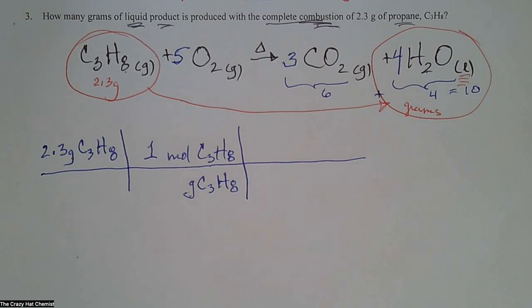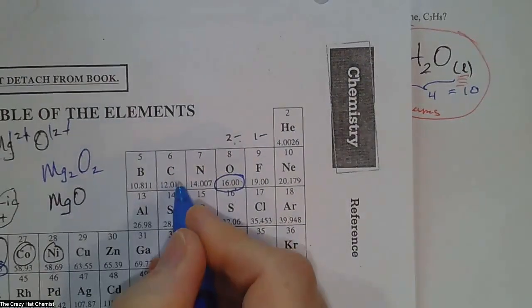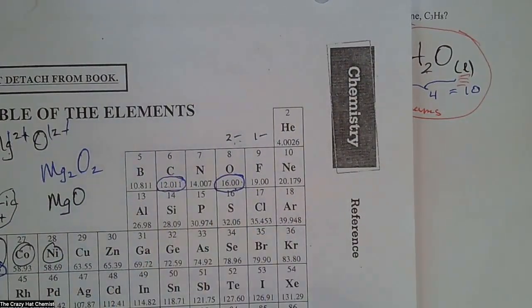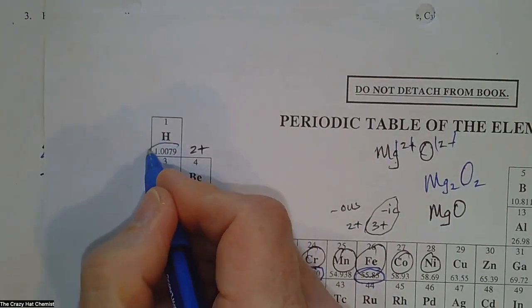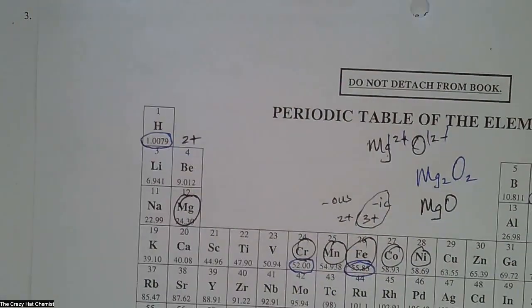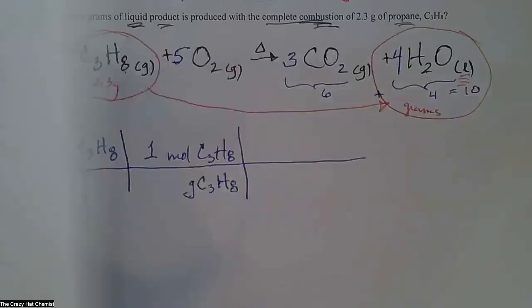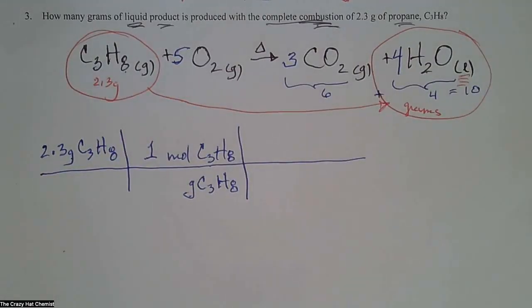And so I'm going to take the molar mass of the carbon, which is 12.011. I'm going to multiply that by 3. Then I'm going to take the molar mass of hydrogen. I'm going to multiply that by 8. And then I am going to sum them up. Since my last operation is sum, that's addition, I'm going to have the fewest number of decimal places.